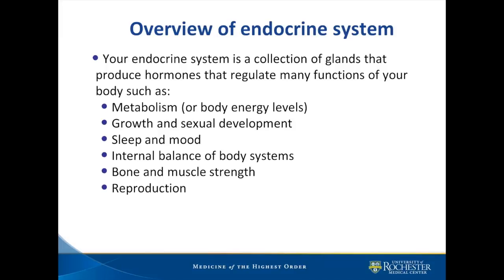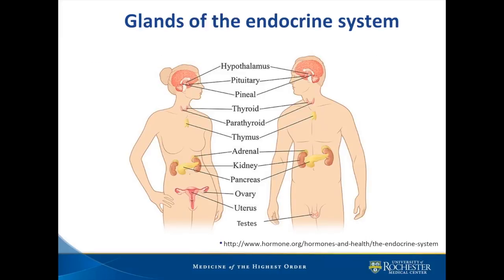metabolism, energy levels, growth and sexual development, different aspects of sleep and mood, all kinds of homeostatic regulatory mechanisms involving internal balance, sometimes involving clock systems, menses, for example, bone and muscle strength, and reproduction. And this slide emphasizes the anatomy and location of the different glands in the endocrine system.